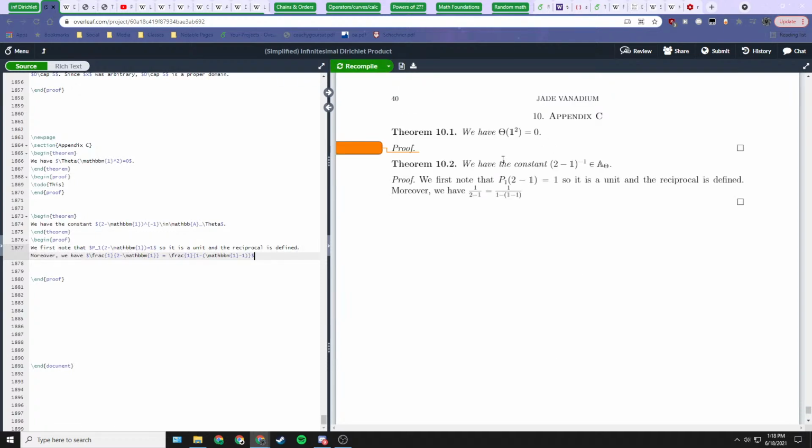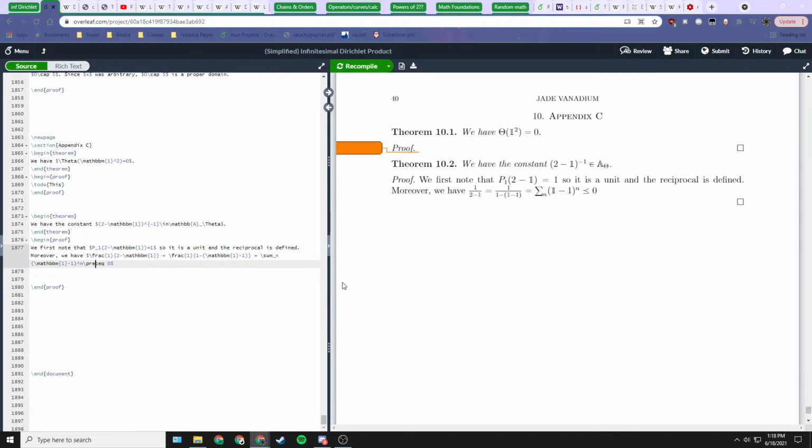Like this. So this is 1 over 2 minus bold 1, which is 1 over 1 minus, so this bold 1 gets negated, and then we have a double negative 1, so that's 2 minus bold 1. But then this is just this geometric series, right? So we have the sum of bold 1 minus 1 to the n, which is essentially positive on every projection.